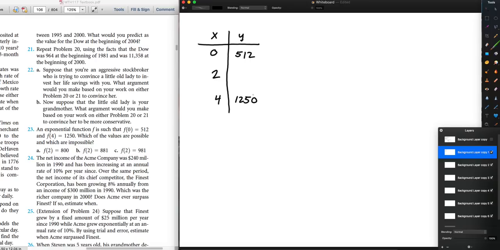Now remember, this is an exponential function, which means as long as you have a uniformly distributed X, and 0, 2, 4 counts as uniformly distributed, then I should be able to take the ratio of successive y's, and if the function is indeed exponential, those ratios will be the same. So test each of the values he gives you.